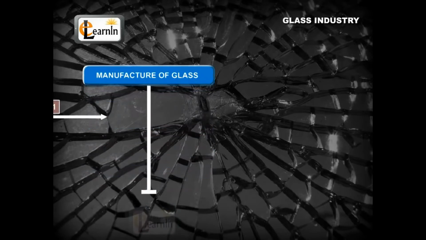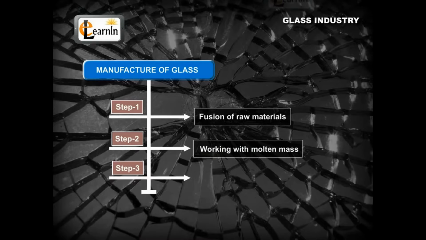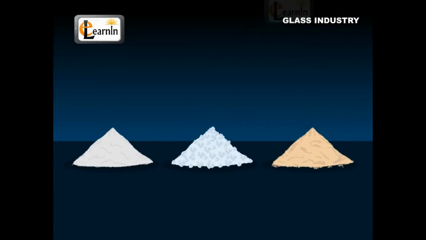The last topic is the process of making glass using DDP. Before I explain, let's first look at the process of glass making as a building material. The manufacture of glass involves three steps: fusion of raw materials, working in molten mass, and annealing.